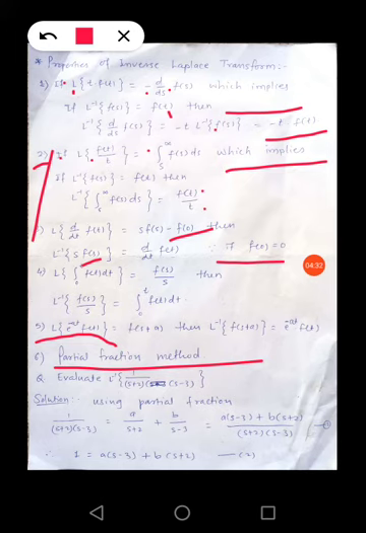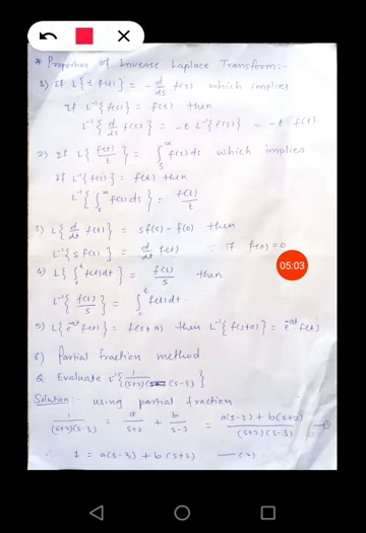We have the derivative property, integral property, division by t, multiplication by t, so properties number 1 to 5 cannot be applied to solve this problem, because this problem is solved by using the method of partial fractions.